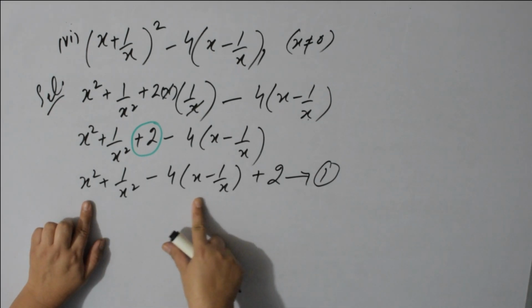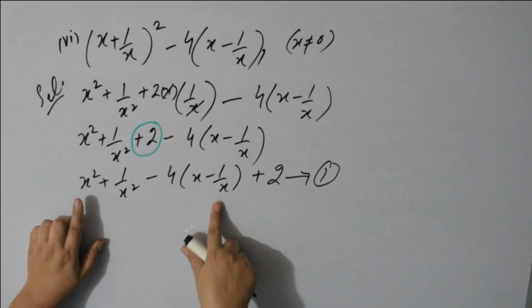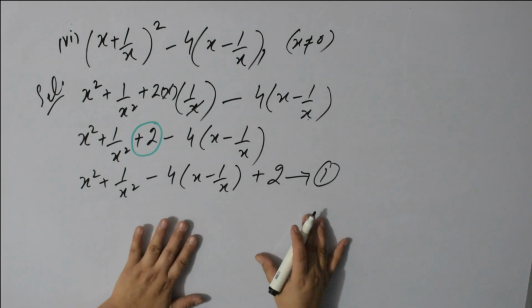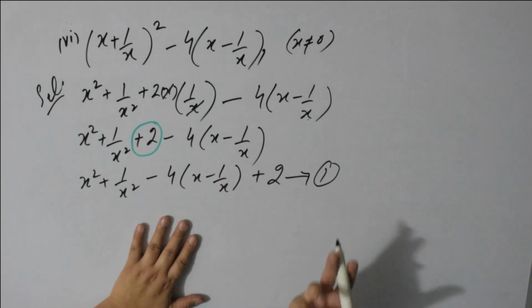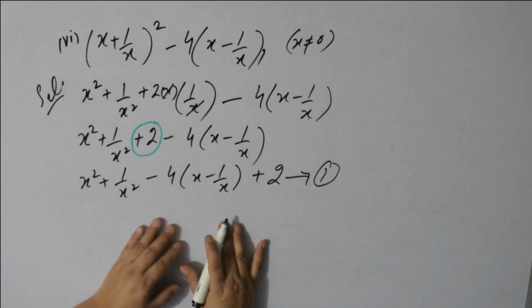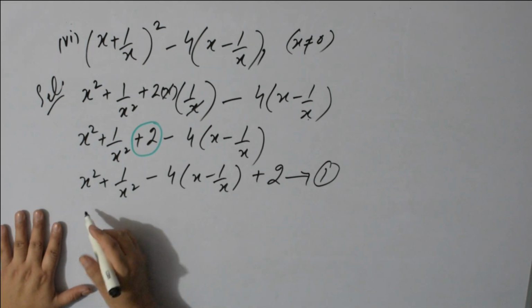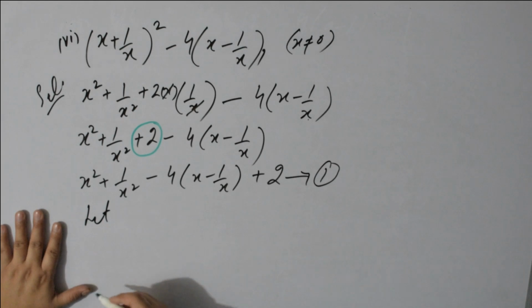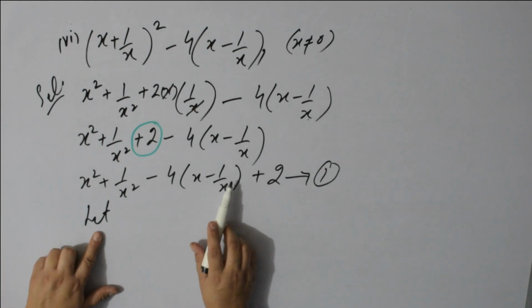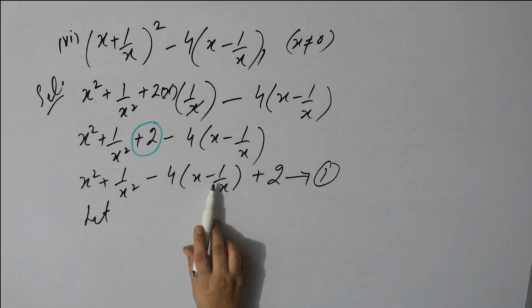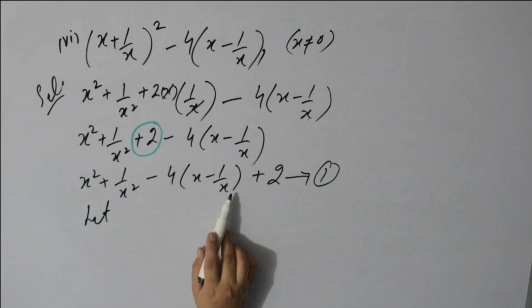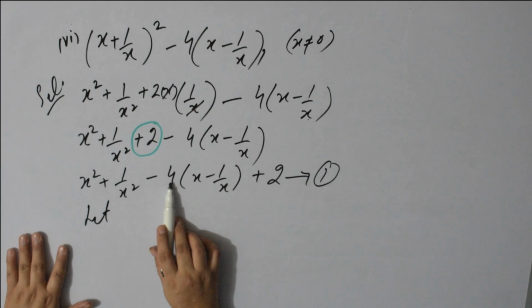I am reducing this into simple quadratic equation form, that is x square and y square or whatever y square in whichever variable, okay. So I am starting it with let, always you will let this middle term, the variable of the middle term, that is x minus 1 upon x, you will let this, not this constant.